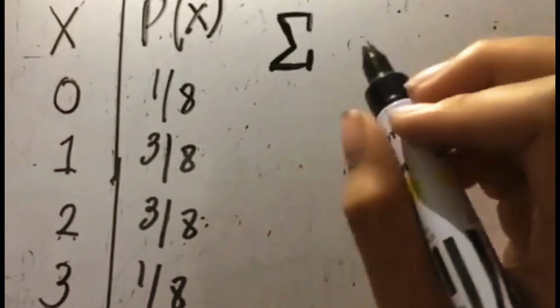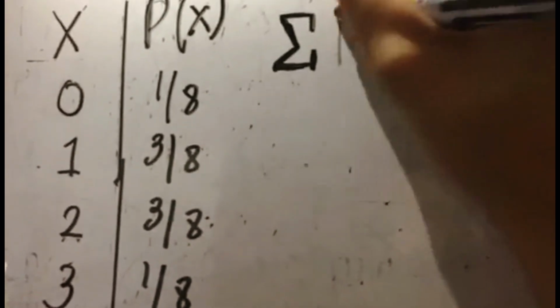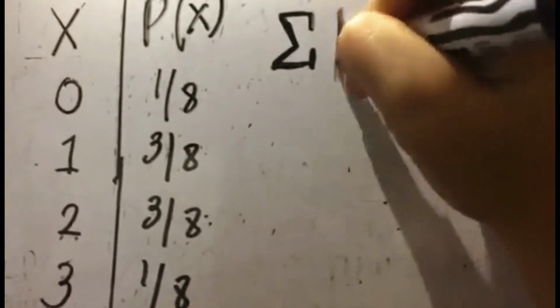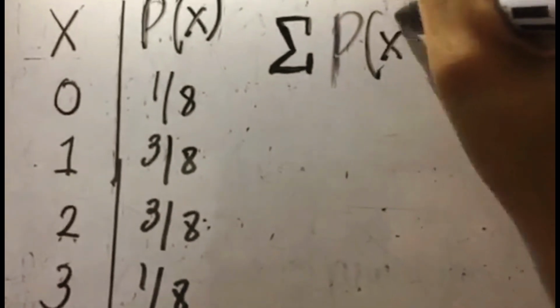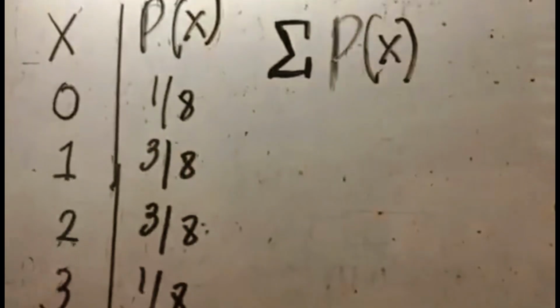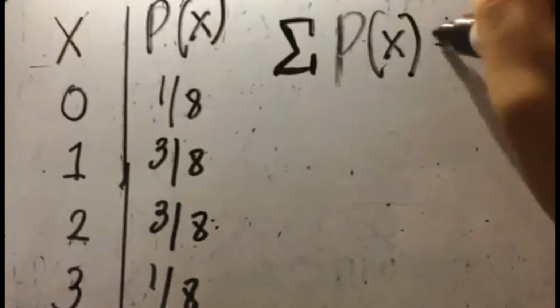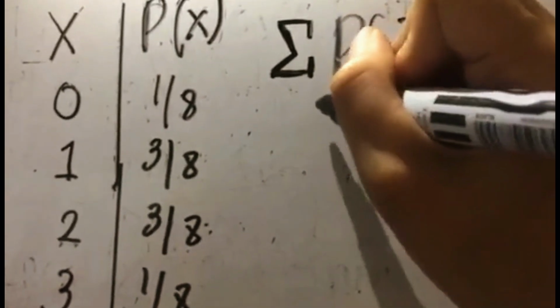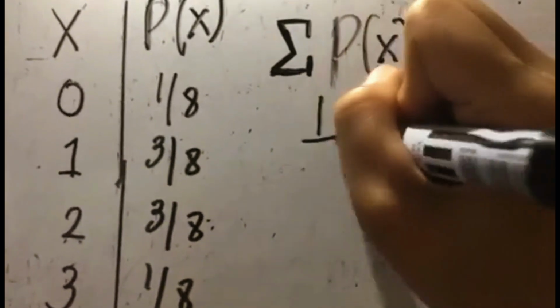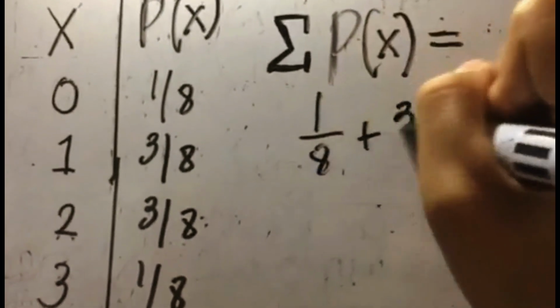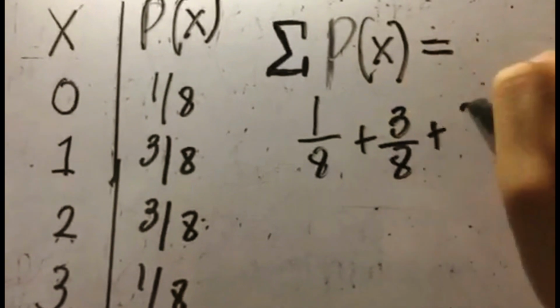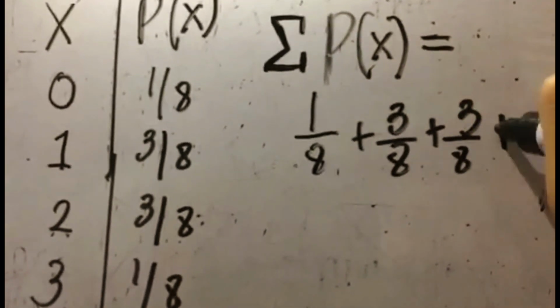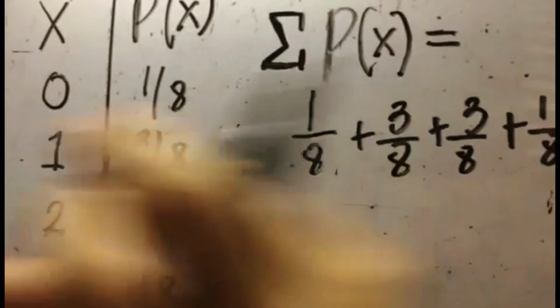So the summation of P of X is equal to 1 over 8, 3 over 8, 3 over 8, and 1 over 8.